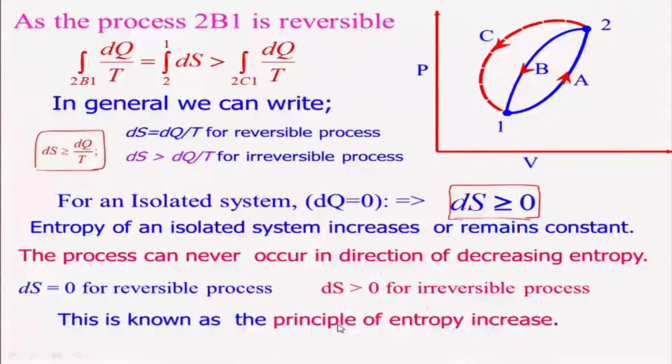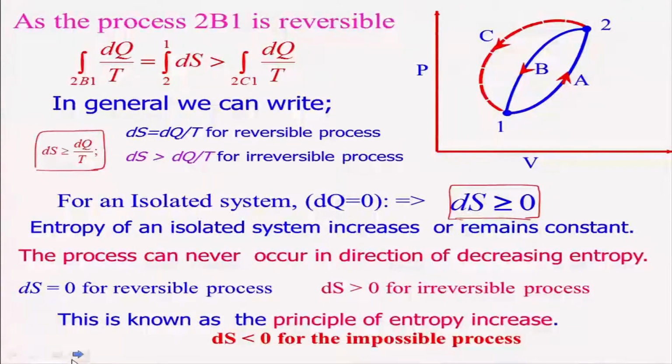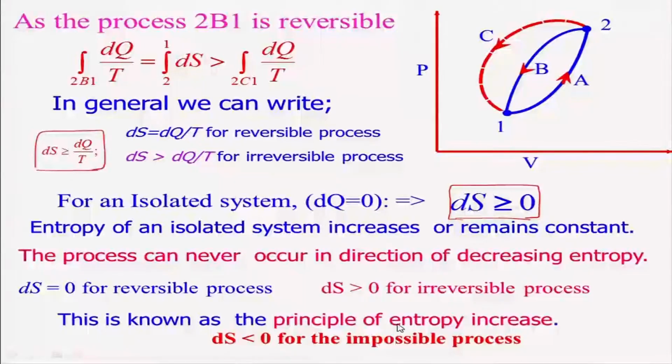This principle is a very important one, and people also say that the entropy of the whole universe is increasing all the time. So when the change in entropy is less than 0, the process is impossible. It is not possible to have such a process, because it is violating the principle of entropy increase.